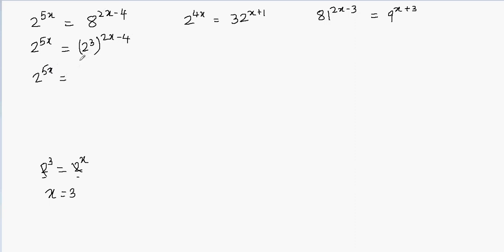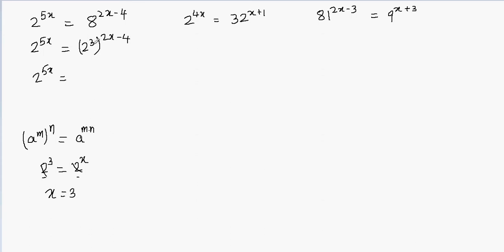Now remember the law of exponents. It says that if you have a to the power m, the whole raised to the power n, then you can write it as a to the power m times n. That means you just multiply the exponents. If you have an exponent raised to another exponent, you just multiply the exponents.